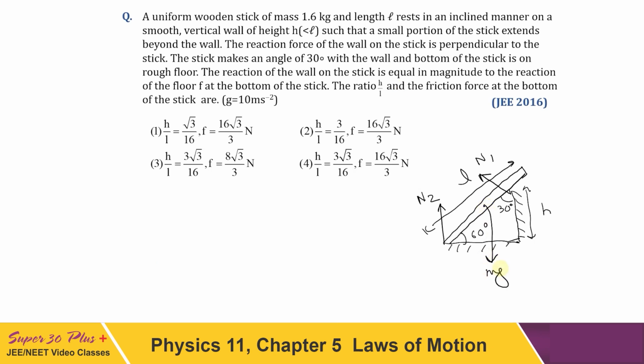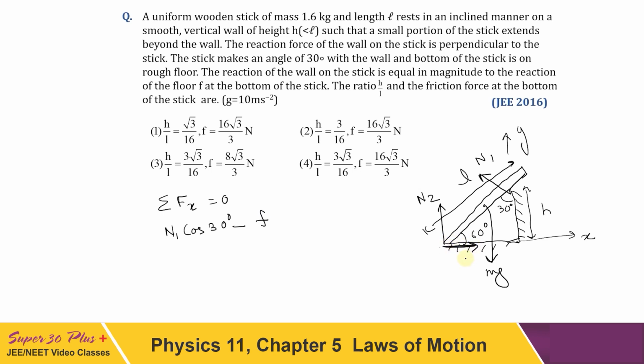All the forces have been shown here now. If this stick has to be in equilibrium, then the net force in the x as well as in the y direction has to be 0. Let us consider this as the x and this as the y direction. First I write summation of Fx to be 0. What forces are there in the x direction? This is N1 cos 30 degrees minus F, because this stick will try to slide against the horizontal surface, so one friction force has to be there in this direction.